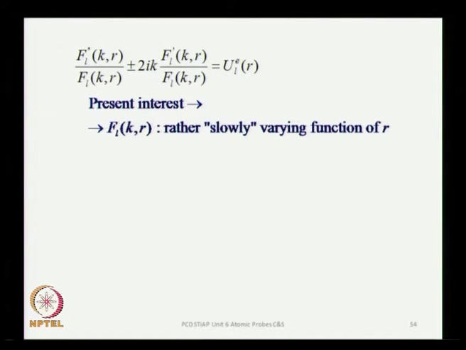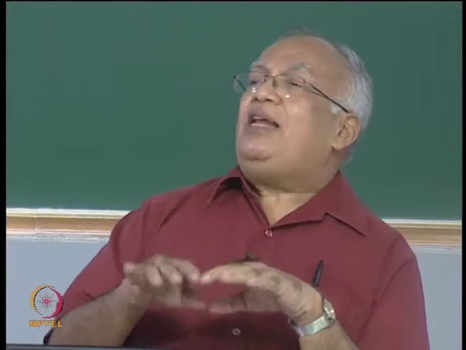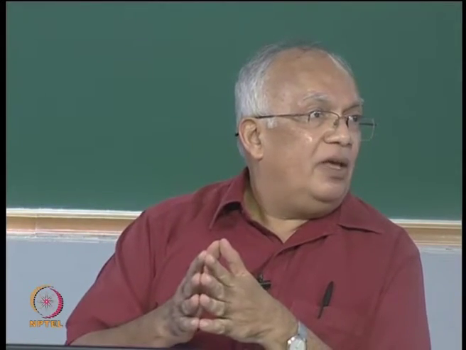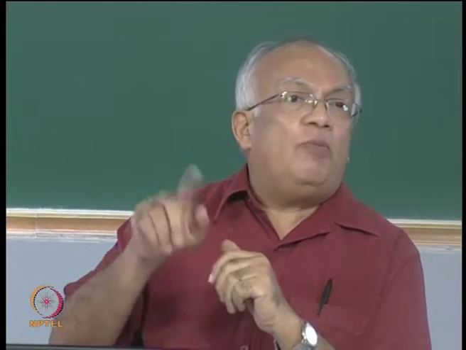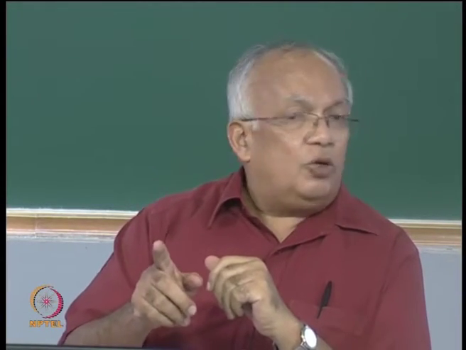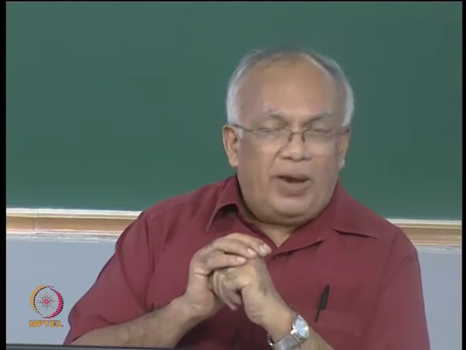Our interest, let me remind you, is in those cases for which f is a slowly varying function of r. What does it mean? If f was completely independent of r, f prime, df by dr, would be 0. So f prime is small, it is not 0, but it is small, and f double prime will be smaller still. So compared to f, f double prime is ignorable, at least much more ignorable than f prime is.